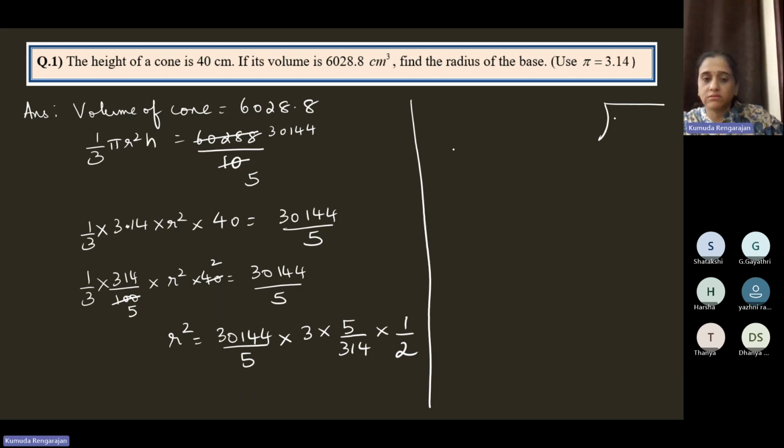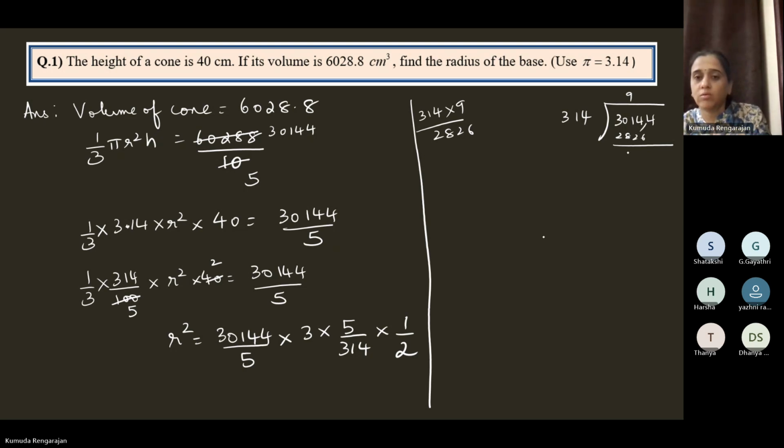See, let's try to divide 30144 by 314, okay? So 314, some 9 times you'll try. 314 into 9 is 2826, minus 3014. 188. 4 comes down.